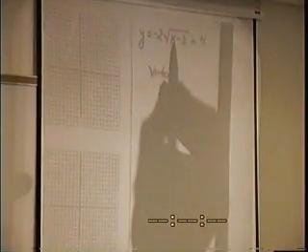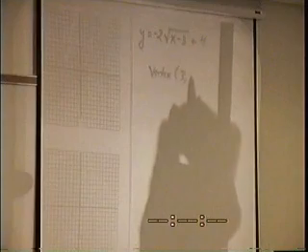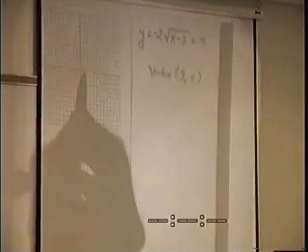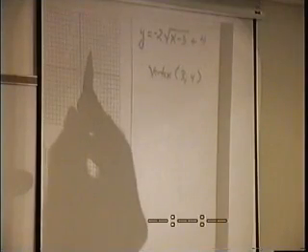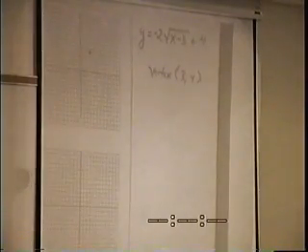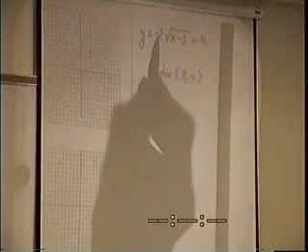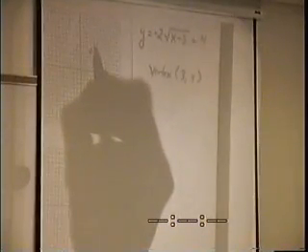Where is the vertex? 3, 4. Now, if this was a 1, then it would look like this. If it was a 1. Let me put it in blue.